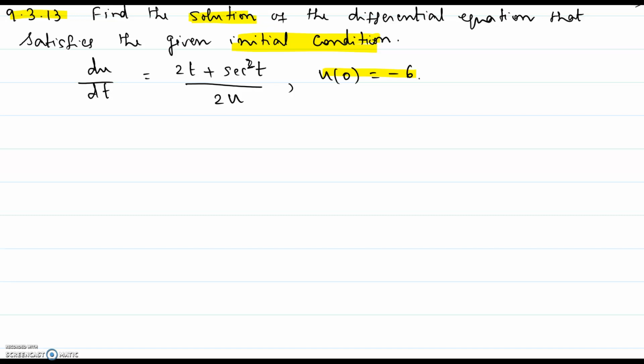So now we have to figure out what type of differential equation this is.